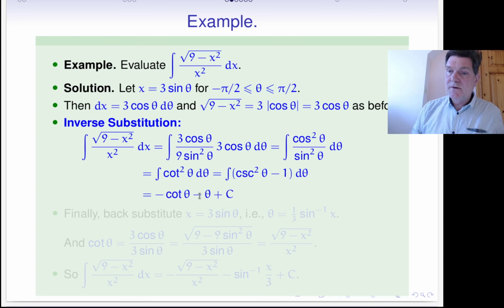That's a trigonometric integral that we found on the tables not too long ago. The integral over the square of cosec theta is minus cotan theta. So this integral then becomes minus cotan theta minus theta plus c, the constant of integration.